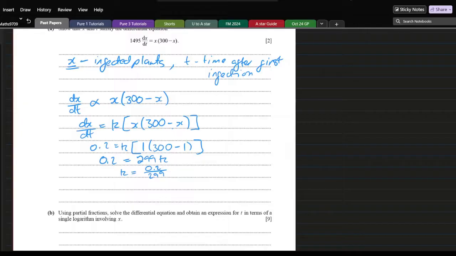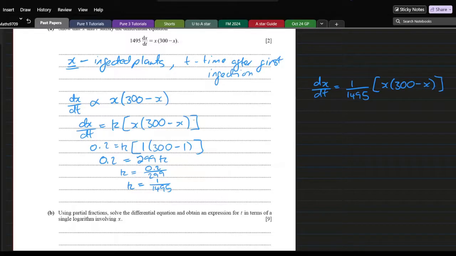Let's punch that into the calculator. 0.2 divided by 299 gives us k is equal to 1 over 1495. So it means that we have dx/dt is equal to our k, which is 1 over 1495, multiplying the x times 300 minus x.